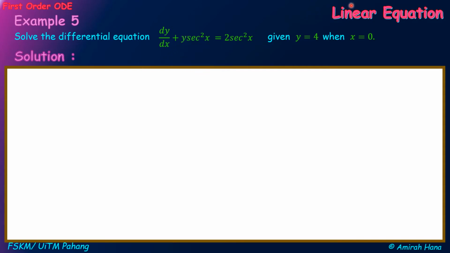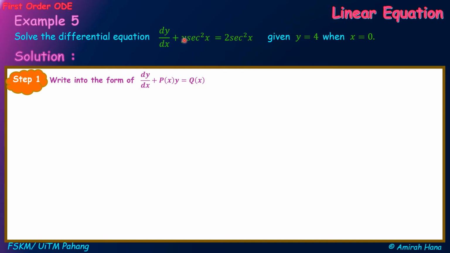To solve a linear equation, the first step is to write it in the form dy over dx plus P(x)y equals Q(x). From the standard form, the coefficient of dy over dx must be positive 1.